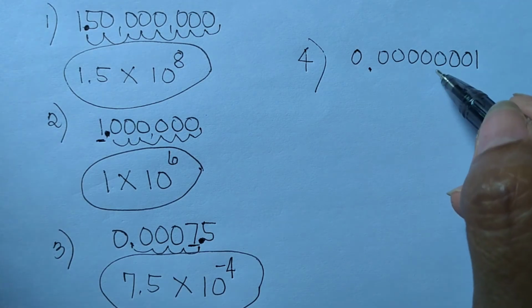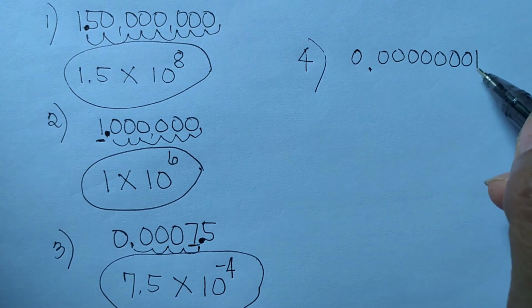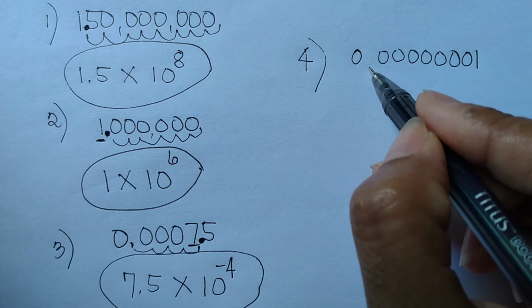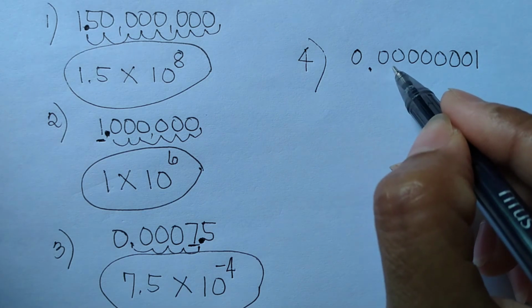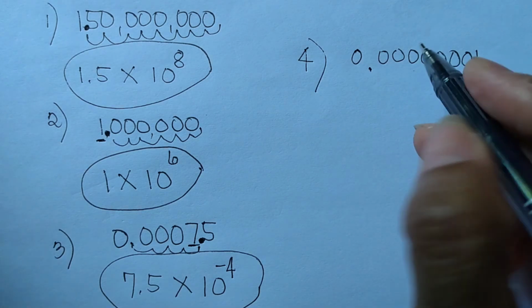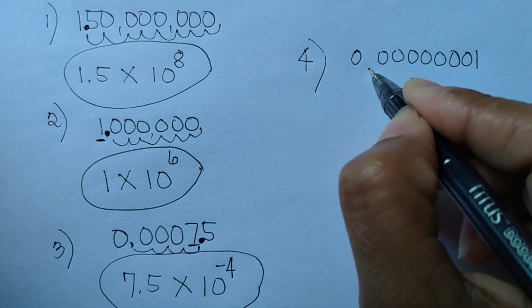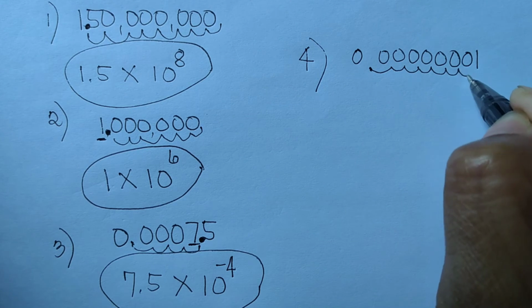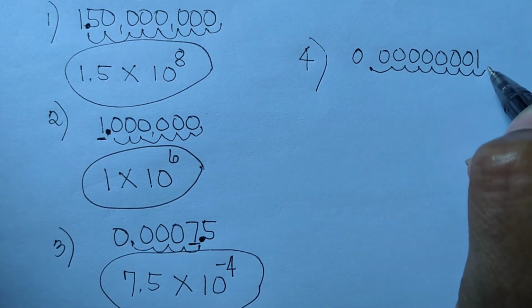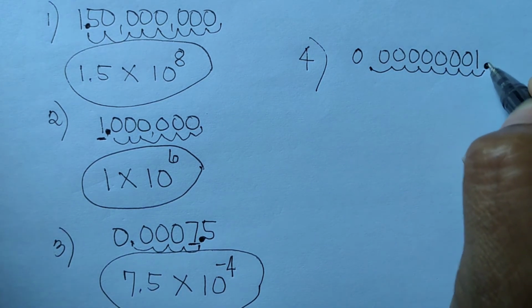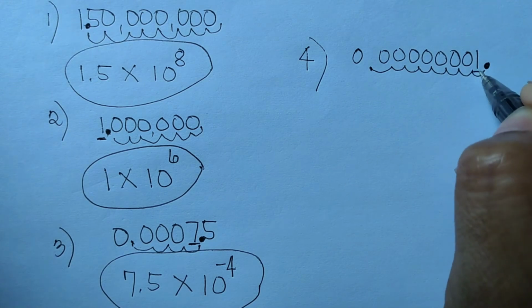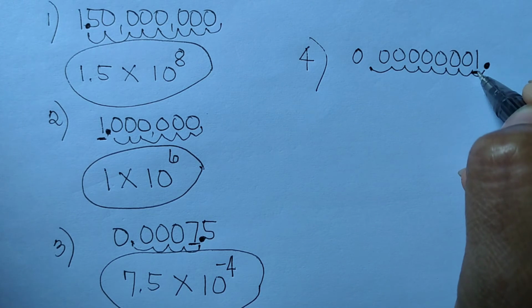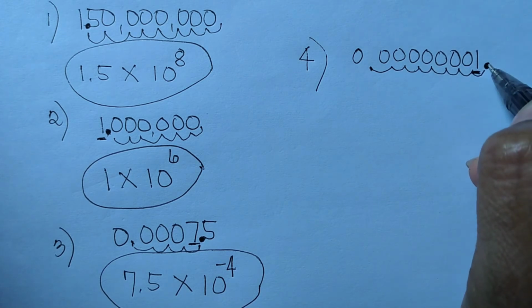How are we going to change this into scientific notation? So let us count and move our decimal point to the right. So we have 1, 2, 3, 4, 5, 6, 7, 8. We have to stop after 1 since we already have 1 as one significant digit at the left of our decimal point.